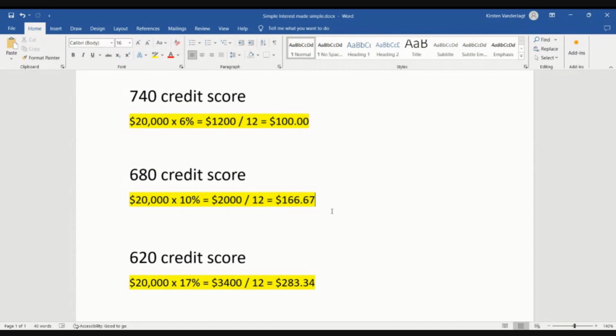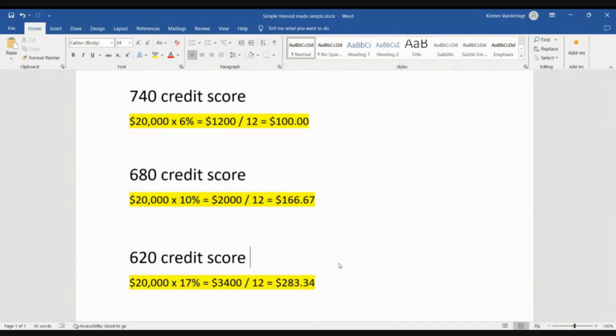And so if somebody can show their ability to repay, we happily will give them money, because we want them to pay 6% interest or 10% interest. Or if we go down here to the 620 credit score, somebody who maybe has zero credit, so they don't have bad credit, they just don't have anything.